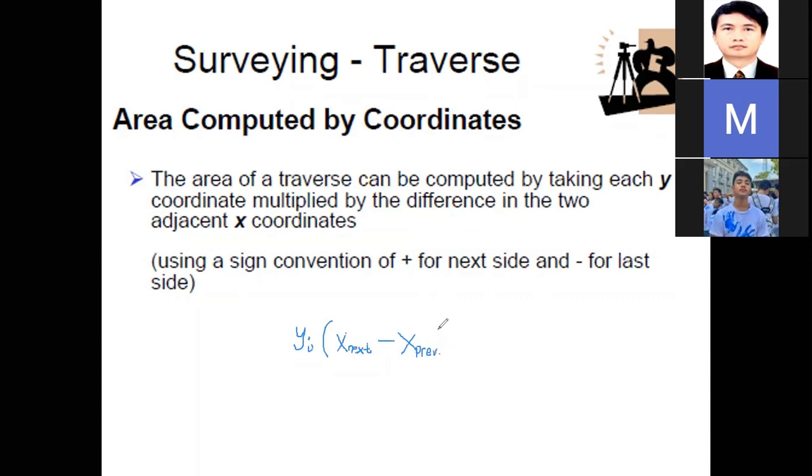Using a sign convention of positive for the next side and negative for the last side.